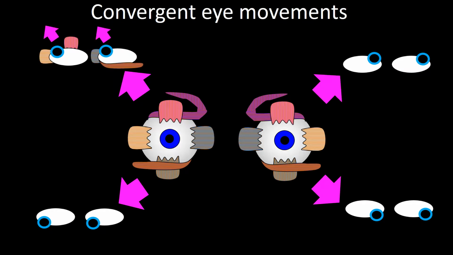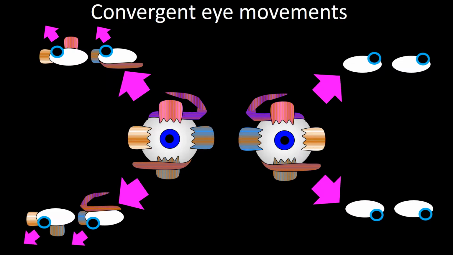These oblique eye movements are accomplished by contraction of different muscles in the different eyes. Looking to the right and up is accomplished by contraction of the lateral and superior recti in the right eye and the medial rectus and the inferior oblique in the left eye.